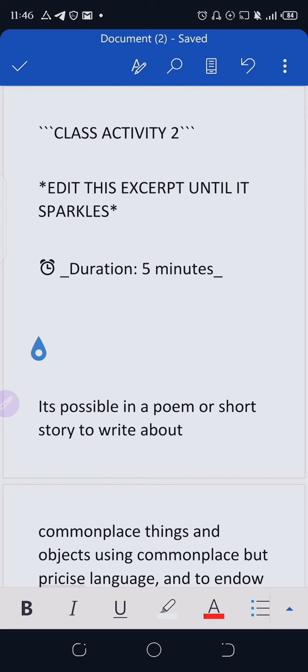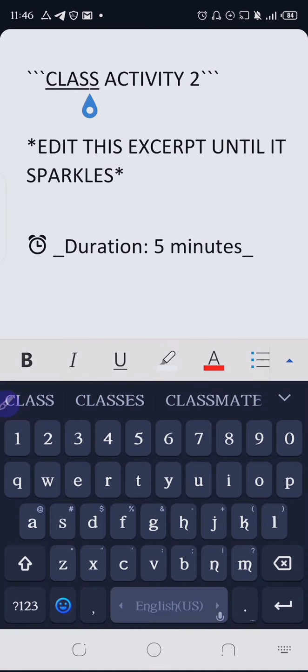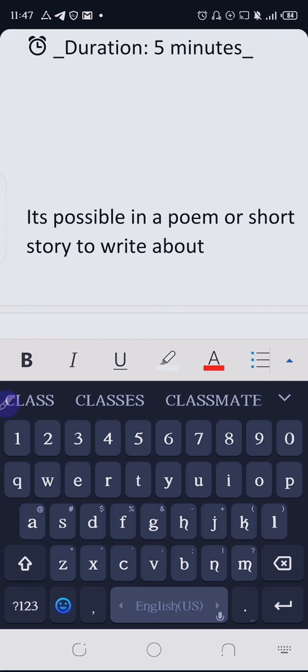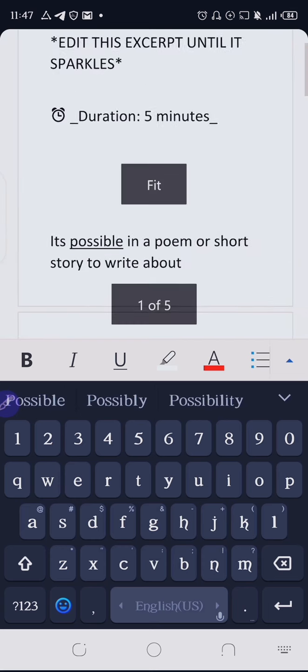I made the punctuation inaccurate, the verb tenses inconsistent, the spellings inaccurate, the grammatical accuracy I totally destroyed, and then I made the paragraphs inadequate. So I totally destroyed the whole piece. So let's look at the class activity: edit this excerpt until it sparkles. Duration: 5 minutes. Well, remember that I changed the duration in the class to 25 minutes so that you could work on it. So let's start working on our stuff over here.